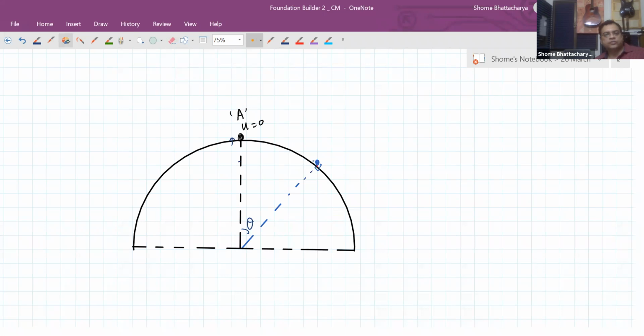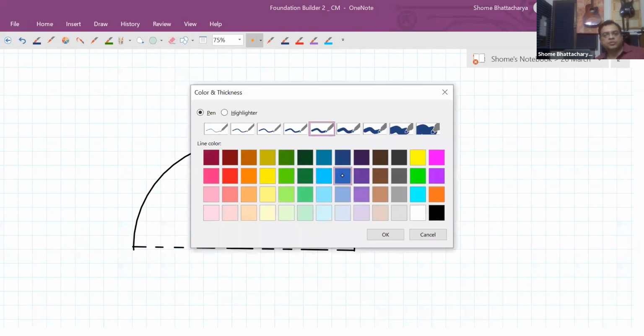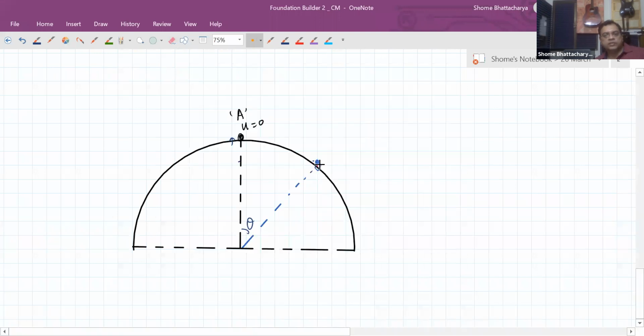So this is the position from which the particle is leaving contact. That is when that angle theta is about 48 degrees. So from here it will go into a projectile motion. So the path of the particle will be like this. So from here we will solve it as a projectile motion.